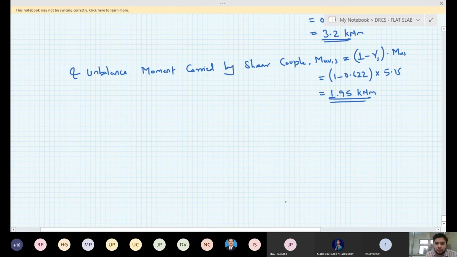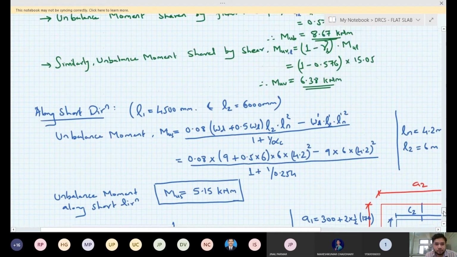If you have any doubt up till now, we can discuss, and in the next class we'll carry out the further calculations. So we'll go through the shear design also in the next class. If you have any doubt till now, let us just recapitulate the things we have covered today.